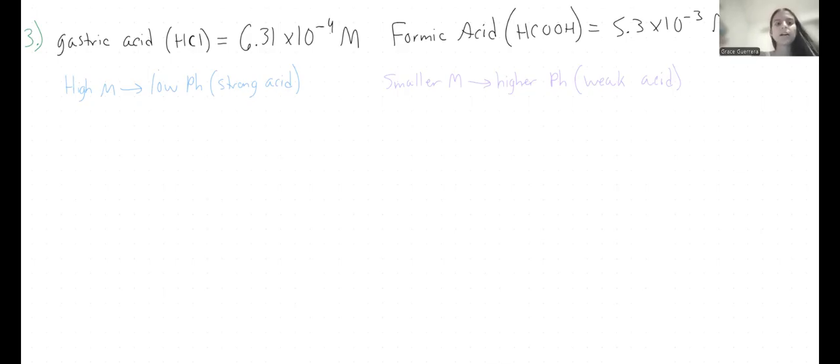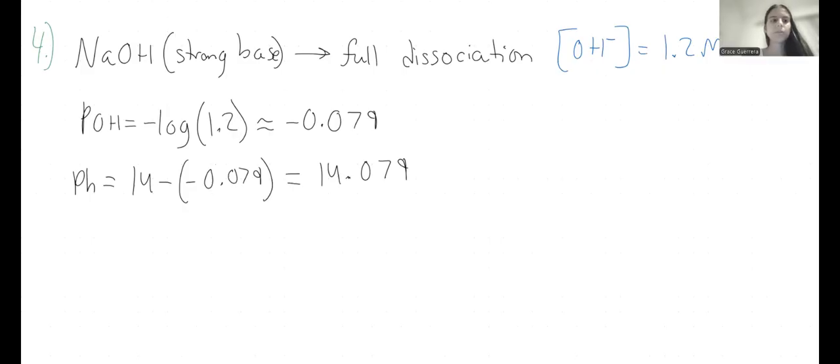So this will lead to a more acidic substance compared to formic acid, which has a smaller concentration and is a weak acid, having a higher pH compared to gastric acid. So overall, formic acid will have a smaller dissociation activity compared to gastric acid.